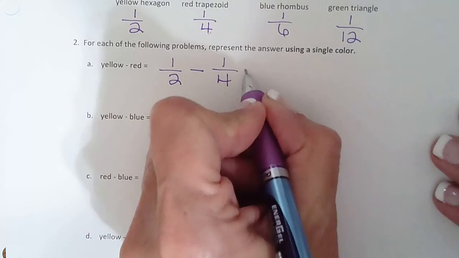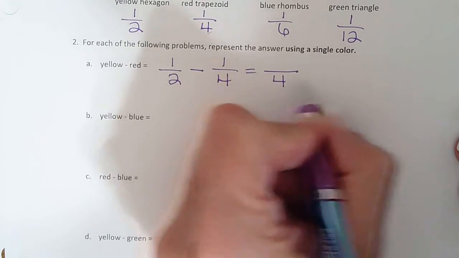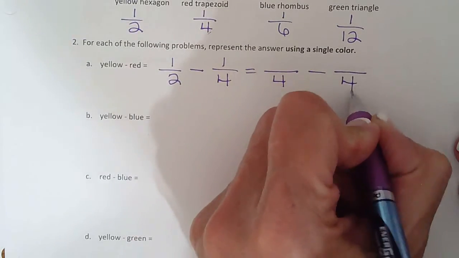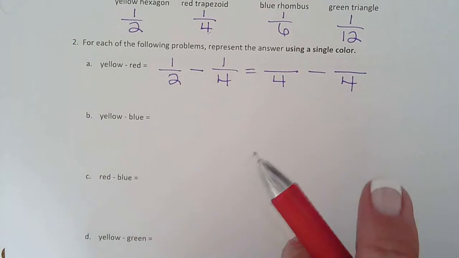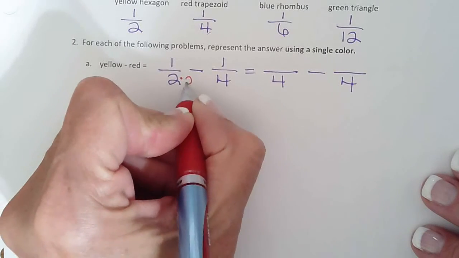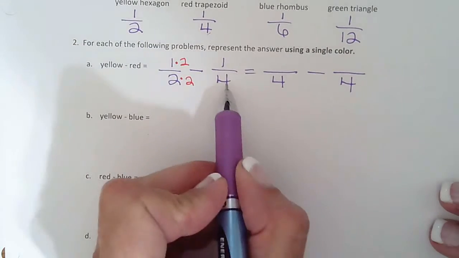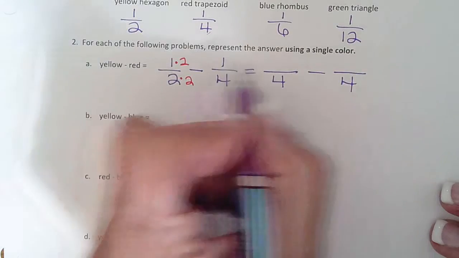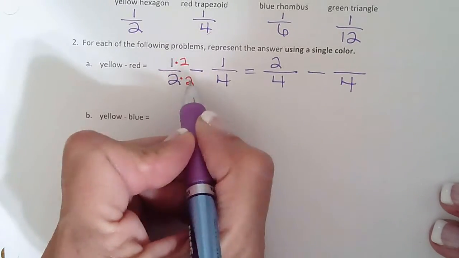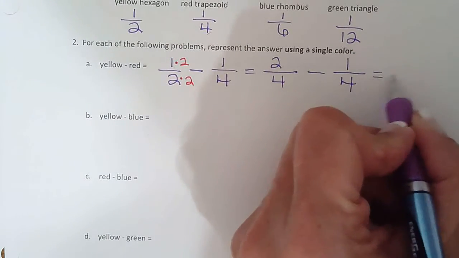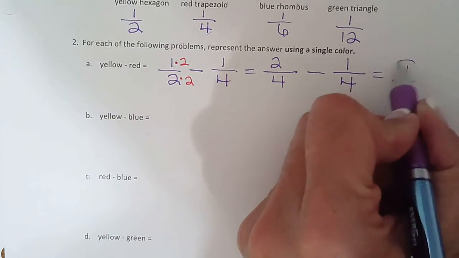And if the answer is yes, that means 4 is your common denominator. So the 2 needs to be multiplied by 2. That means its numerator needs to be multiplied by 2. This one already has the common denominator, so that's going to be 2 fourths minus 1/4, which is simply 1/4.